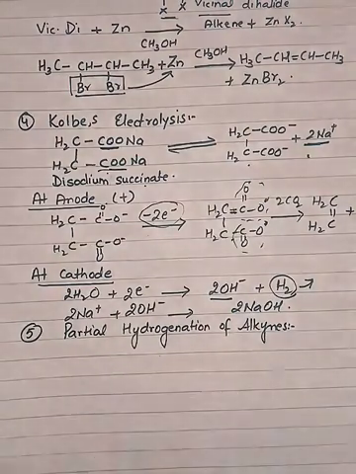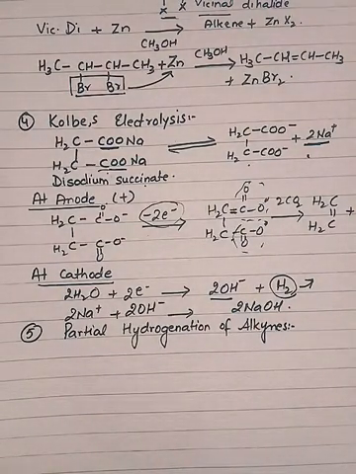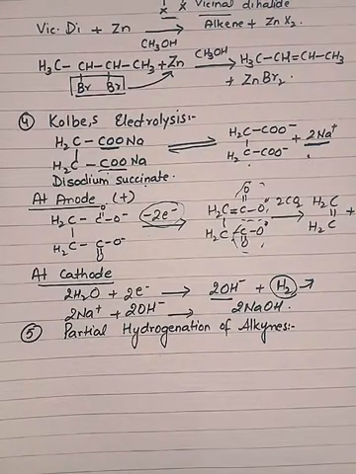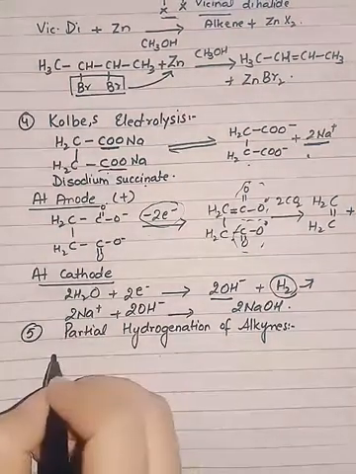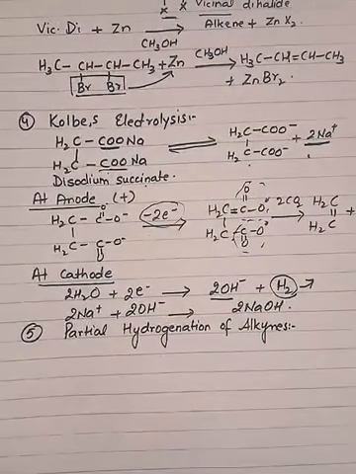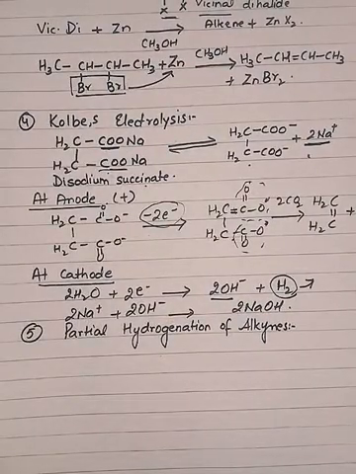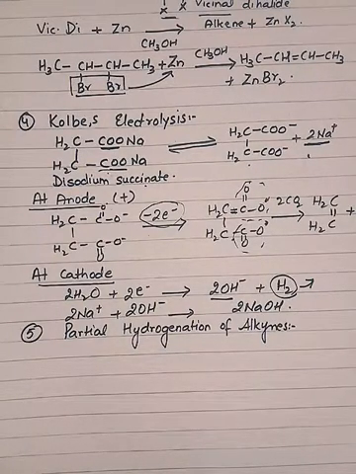If we go on further and add more hydrogen, it will be converted to alkane. So we will carry out the controlled hydrogenation of alkynes with hydrogen gas in equimolar ratio, and we will use a heated catalyst, so it will give us alkenes.